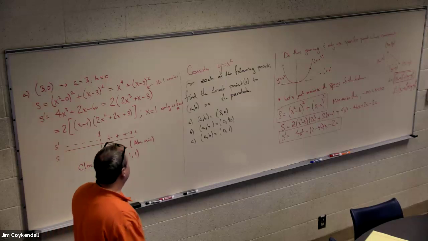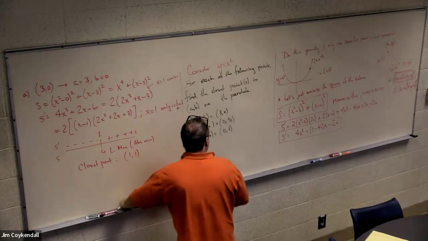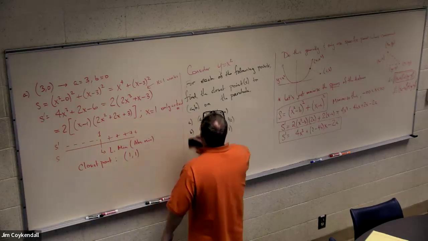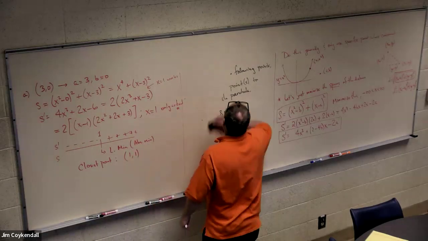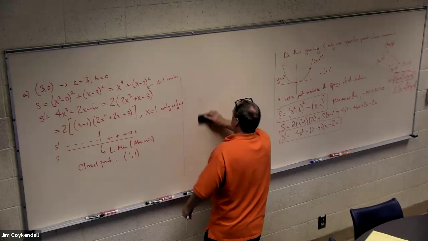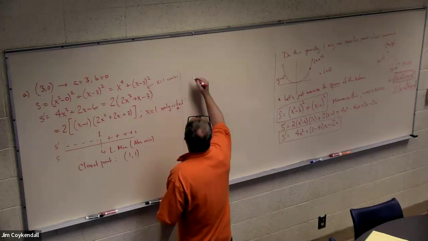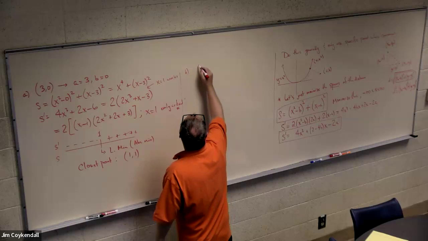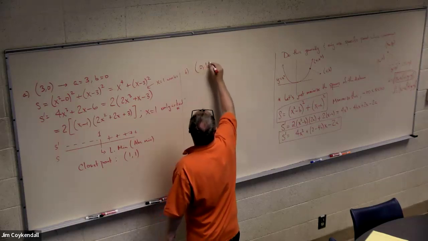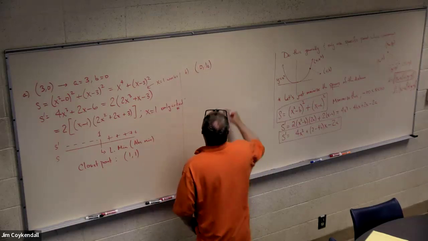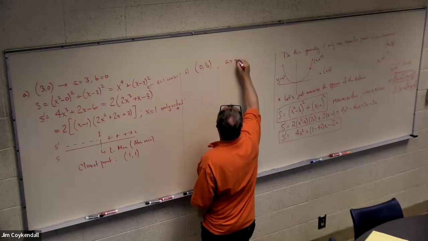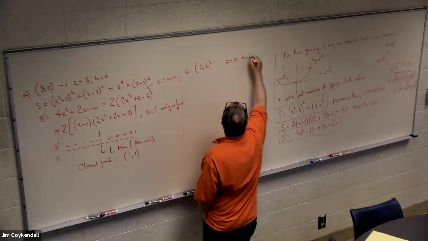That's the first one. Let's handle the second one. What is it, 0, 1/2? 0, 1/2 looks very nice. So in this case, A is equal to 0, B is equal to 1/2.